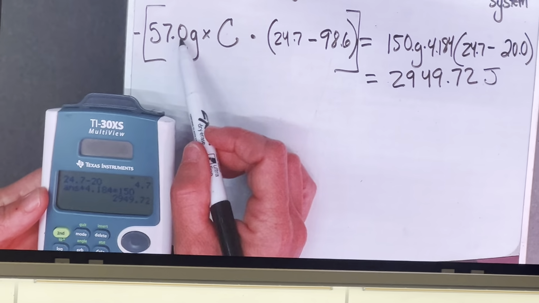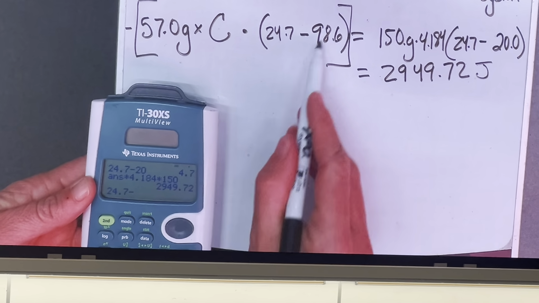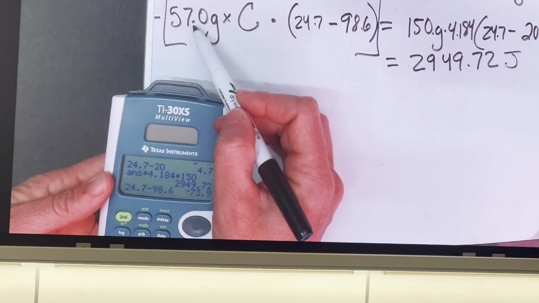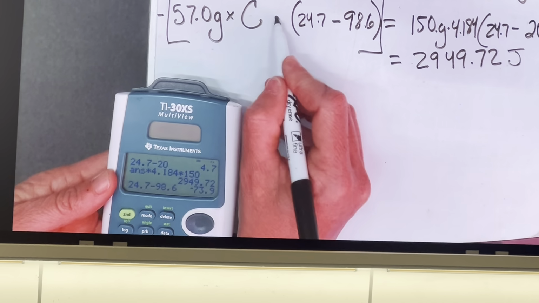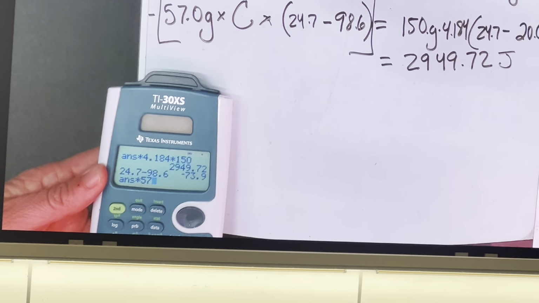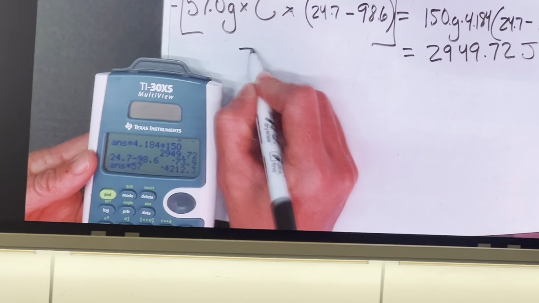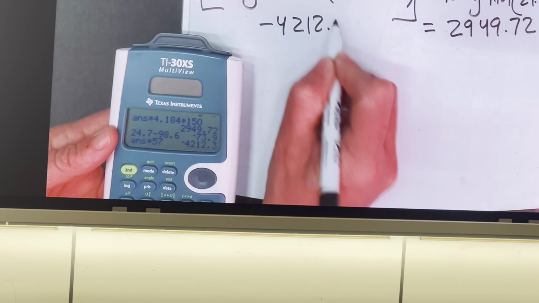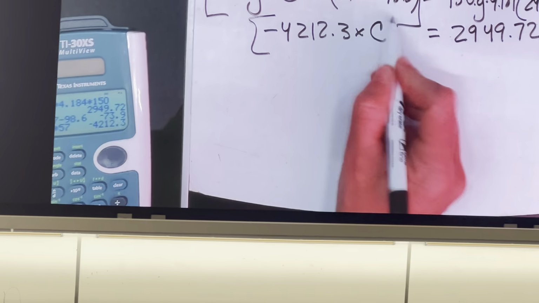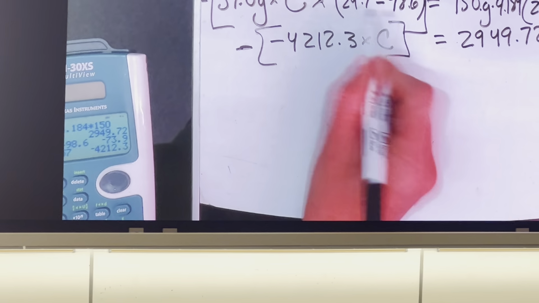Now I'm going to do this, 24.7 minus 98.6. And then I'm going to multiply it by 57, right? All of these things are being multiplied by each other. So times 57. So then I have negative 4212.3 times C, but the whole thing is negative, because this is what made it negative.